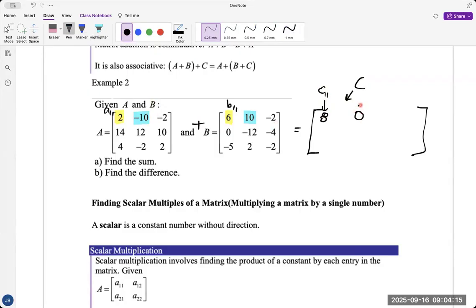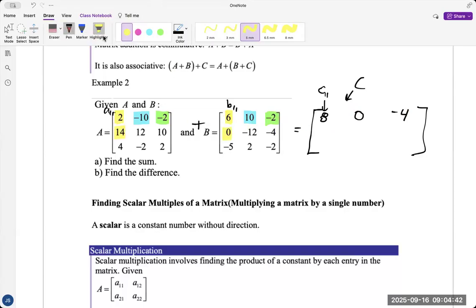So the entry in the first row, second column is going to be a 0. Okay? Then we just continue to do this, right? Negative 2 plus negative 2. Well, we have to be careful adding integers, but that's negative 4, right? And as you notice, there's a lot of calculations that we're going to do here.